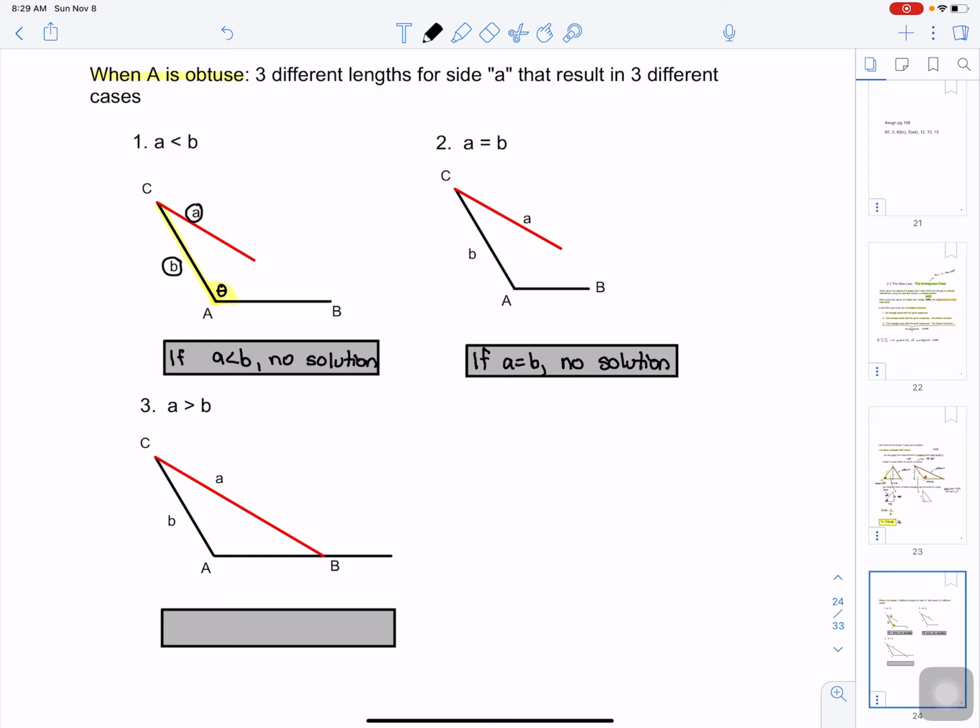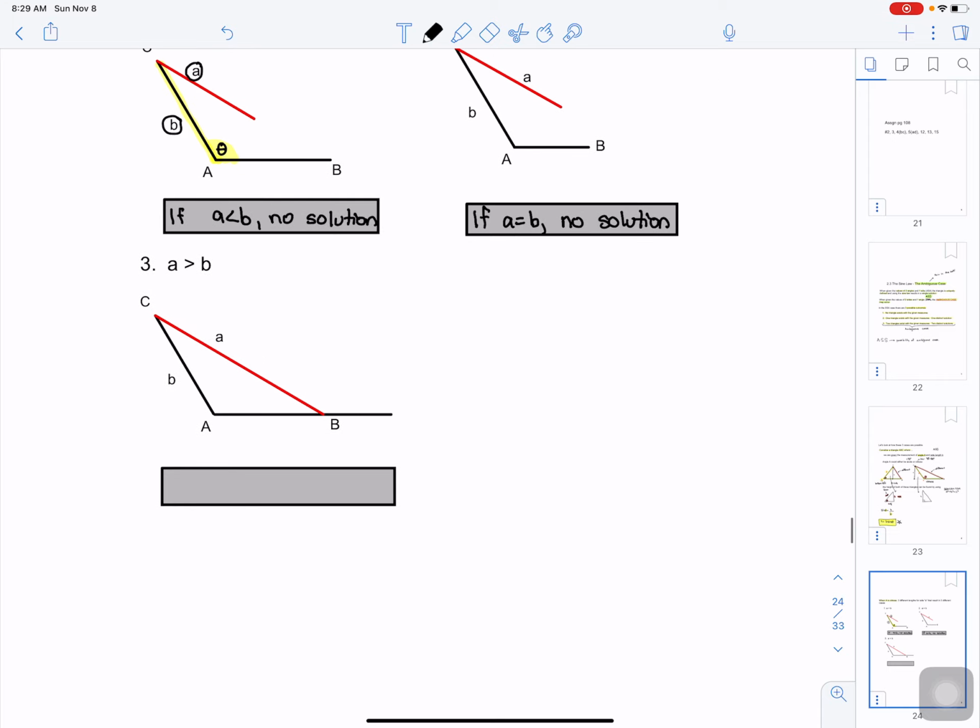Now, if A is greater than B, here's my length of B, which was given. A being greater than B means that this triangle is actually going to form. And if A is greater than B, then we get only one solution.